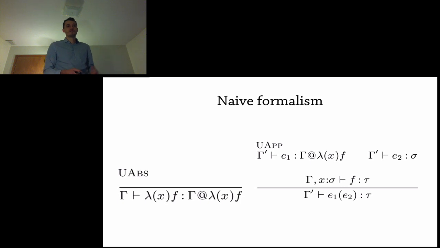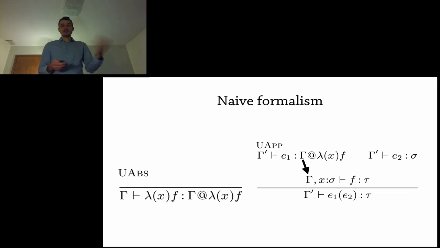instead of value environments. And you can see that the introduction rule, the UAPS rule, packages up the type environment with its code, and then the application rule first checks the function and then the argument as usual, but then we can unpack all the parts.